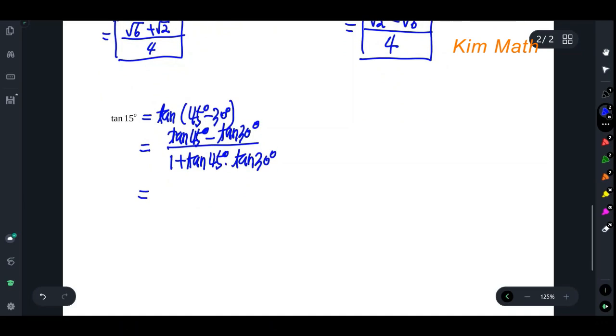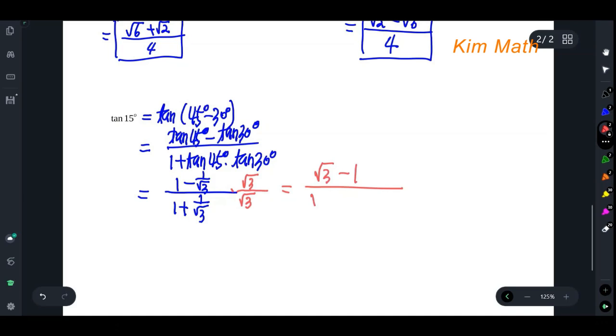Okay? Now tangent 45 is 1, tangent 30 is 1 over radical 3, so 1 plus tangent 45, which is 1, times tangent 30, which is here, right? To simplify the complex fraction, you can multiply radical 3 to the numerator and denominator. Then you have radical 3 minus 1 over radical 3 plus 1. Okay?